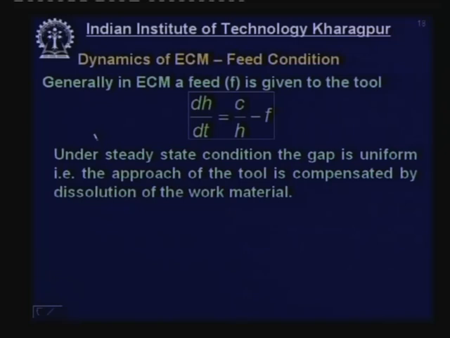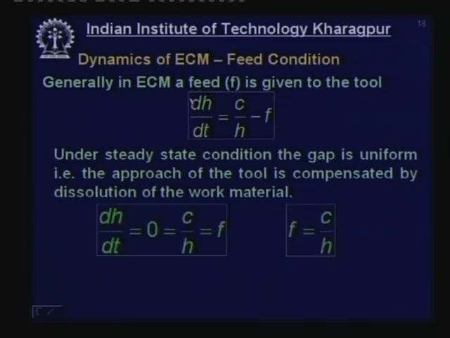Under steady state, it is expected that there would not be any change in the distance between the tool and the workpiece. If there is no change in the gap under steady state condition, this can be equated to 0, and C upon H becomes equal to F, or F equals C upon H.